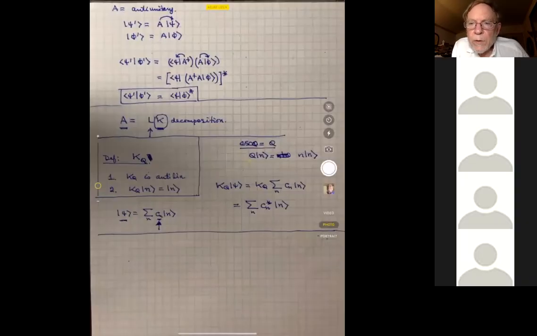Well, you see, it's a product of two antilinear operators. So if you write it as A dagger A, it's probably best to think of them as both acting to the right. First the A acts, and then the A dagger acts on a ket. That's what A dagger A means.